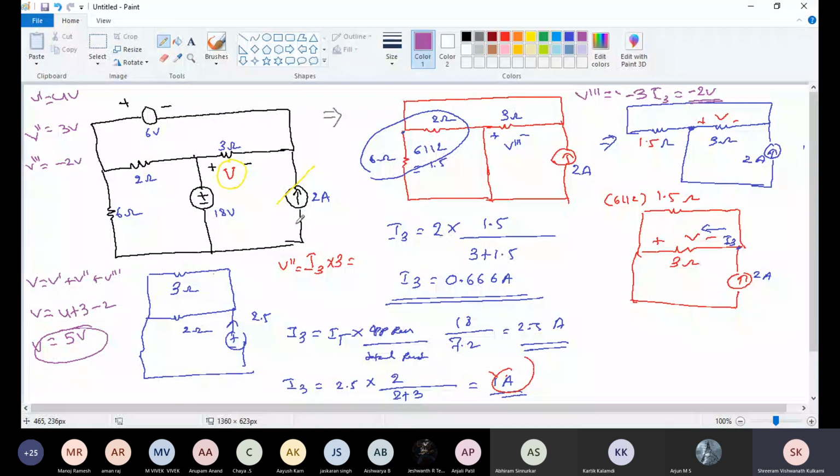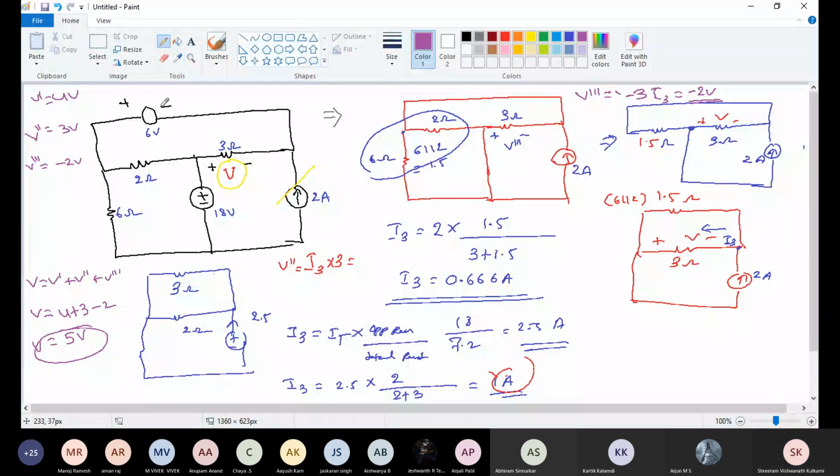First, we need to consider any source acting alone, and we need to calculate the effect produced by that single acting source. Then again we need to consider all the individual effects produced by all the sources. Then we need to add the effects of the sources.